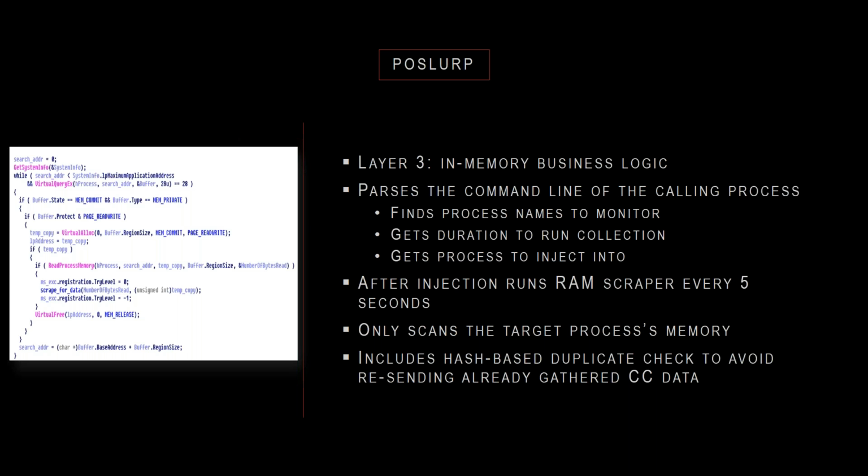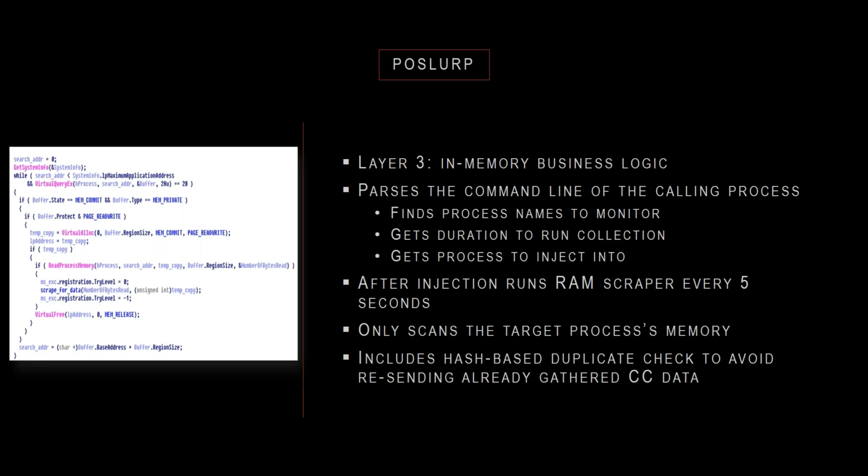After that injection, it will be running its RAM scraper routine, and every 5 seconds it will scan the memory of the processes that it has been instructed to scan. It will only scan those processes' memory, and it will look for patterns of data indicative of credit card data.